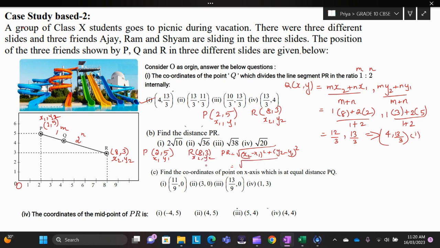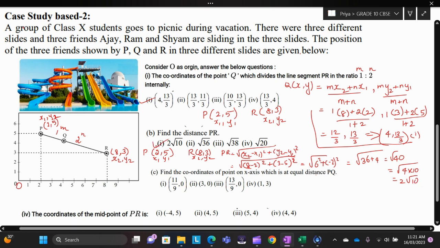That is equal to root of (8 minus 2) the whole square plus (3 minus 5) the whole square, which is going to be root of 6 square plus minus 2 the whole square, that is root of 36 plus 4, it's root 40. But I don't have the option of root 40, so I have to simplify it by taking 4 times 10 because I know 4 is a perfect square number. If I take it outside the square root, it is going to be 2 root 10, which is option 1.